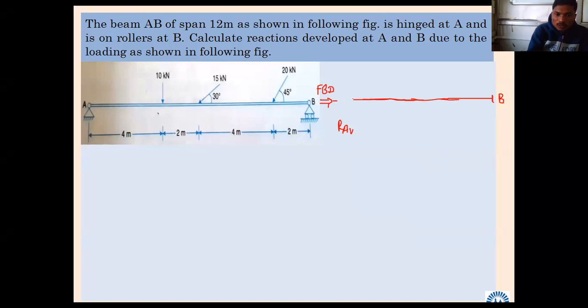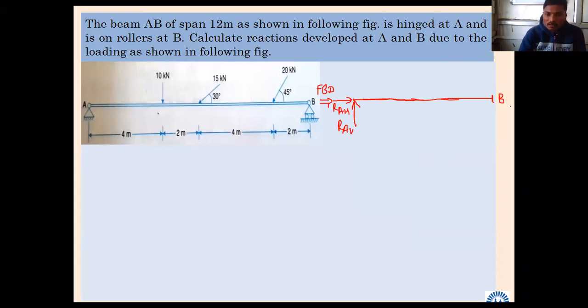Two reactions at point A. Next, 10 kilonewton, there is no question already. And B is roller. Let us complete support first.